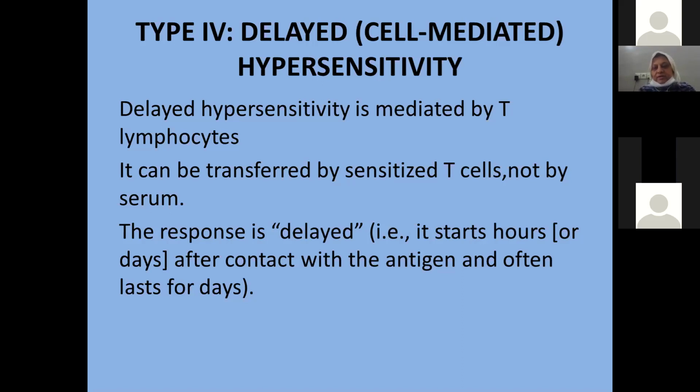And a very interesting thing is that it can be transferred by the cells and not by the serum. Like we saw that in certain conditions, the antibody-mediated types of hypersensitivity can be transferred through serum, because antibodies are found in the serum. But this can be transferred by sensitized T cells, not by serum.